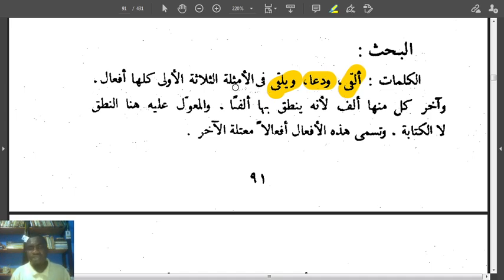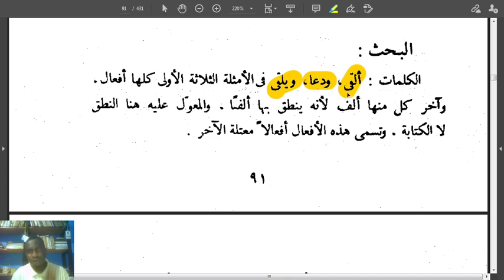ويلقى في الأمثلة الثلاثة الأولى كلها أفعال. So these ones are all verbs in the first three examples. وآخر كل منها ألف. The ending of each of these is alif, whether it is written as alif al-maksura, you know, the alif that looks like yai. It is written like yai, but then it does not have the dot.